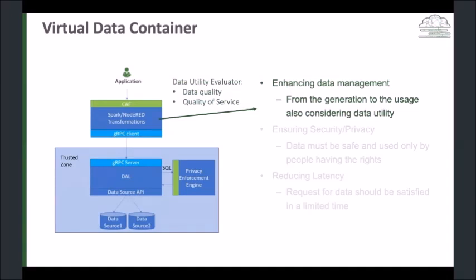Also, looking at the interaction with the final user, the application, we are able to estimate the quality of service. In this way, we have a clear idea of what we call the data utility. Data utility is an element used by the data application to understand if the data are useful, considering not only the quality of service, but also the quality of data.